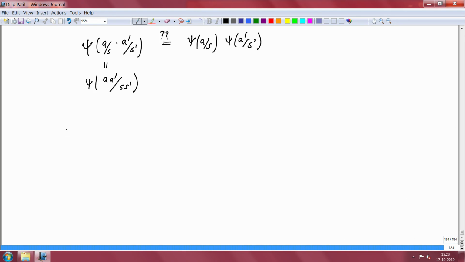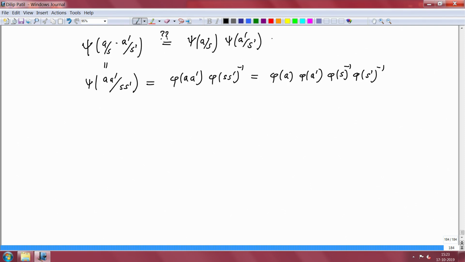That is how multiplication was defined, and this is the same as phi of a a prime times phi of s s prime inverse, which, because it's a ring homomorphism, is phi a times phi a prime, and like the earlier case, phi of s inverse times phi of s prime inverse.